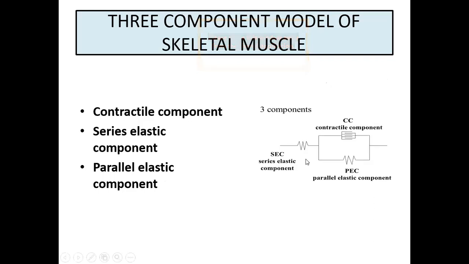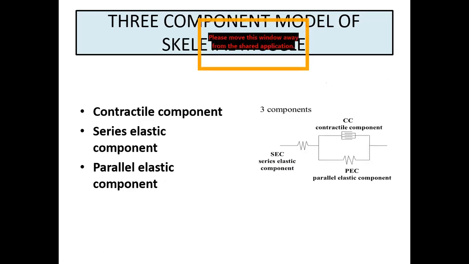They say that 60% of the muscle proteins form the contractile component, and the rest 40% of the muscle proteins form the series and the parallel elastic components. So this is about the series and parallel elastic components and the contractile component of the skeletal muscle.